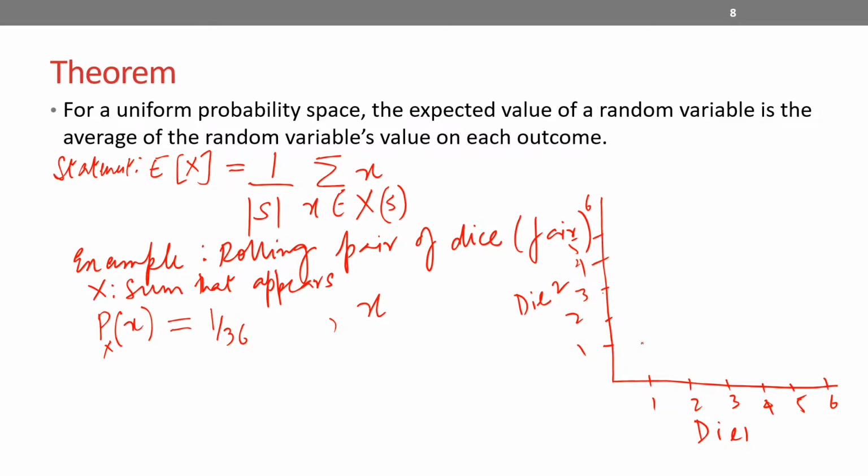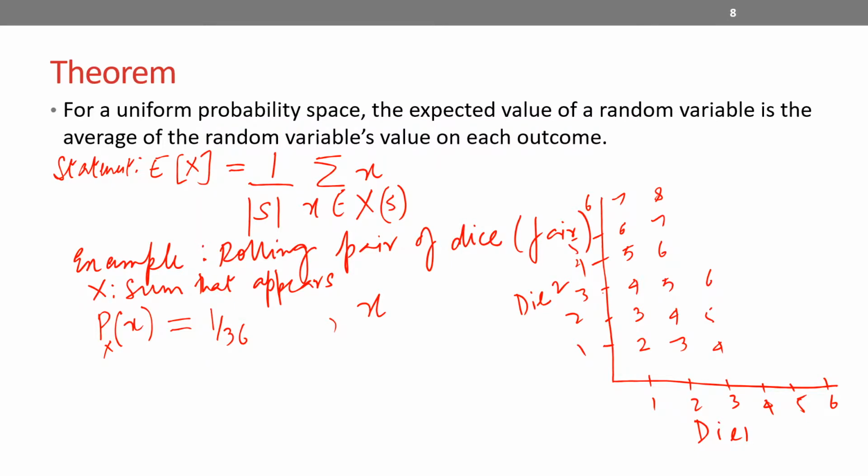Here I'm going to write the sum of the values. If 1 and 1 show up, I get 2. If 1 and 2 show up, I get 3, 4, 5, 6 and 7. Similarly here I can get 3, 4, 5, 6, 7, 8 and so on. So I can fill up this entire table.